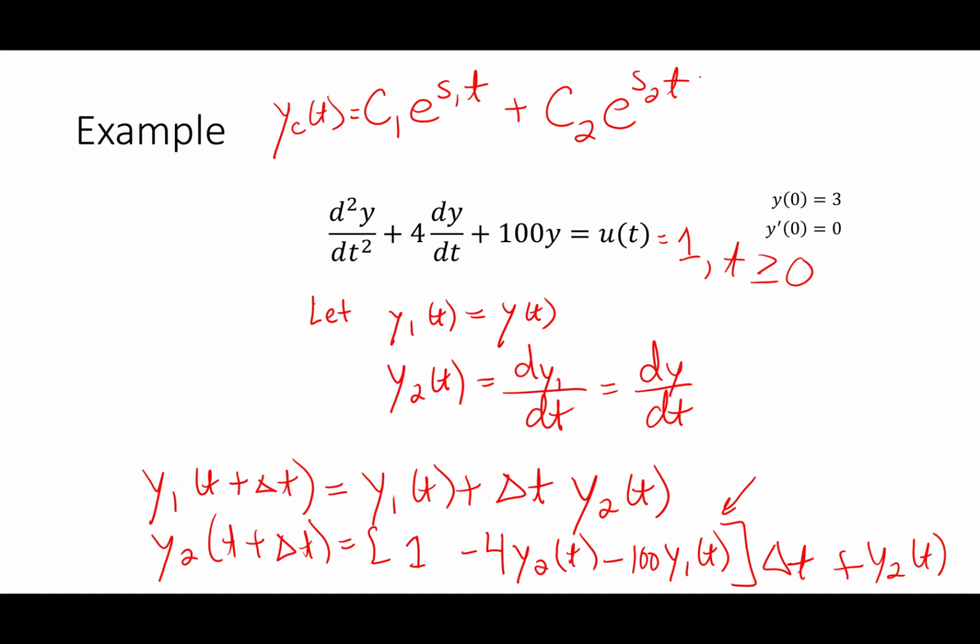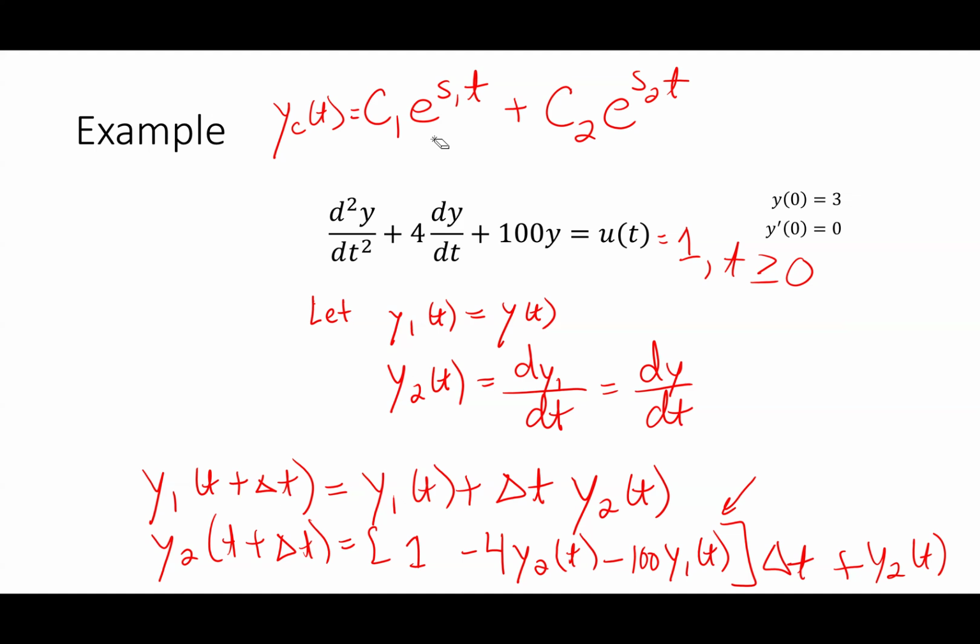So those can become a decaying cosine wave. What causes this to simplify to a decaying cosine wave? What would S1 and S2 have to be? Complex numbers.